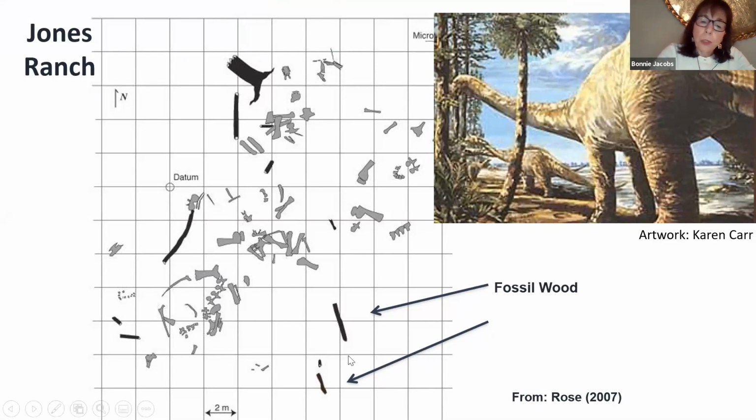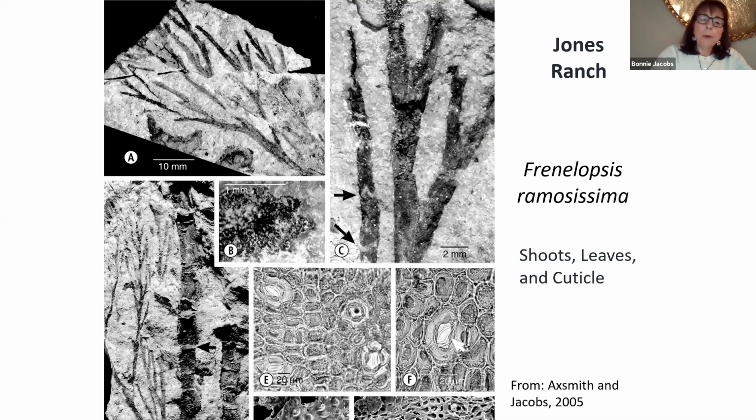So here's fossil wood. There were huge pieces of fossil wood there. And along with the fossil wood, people found lots of plant fossils. And it was really amazing because the rock that contained the dinosaur bones and the plant fossils was really, really hard rock.